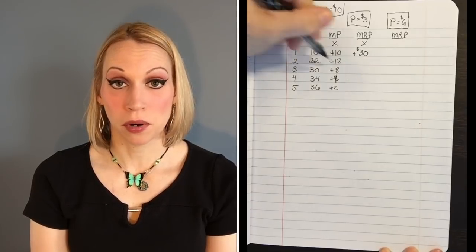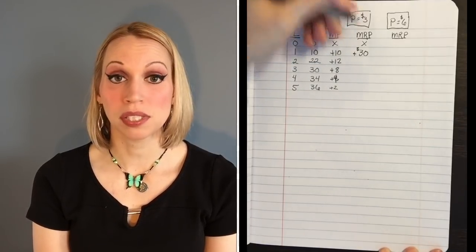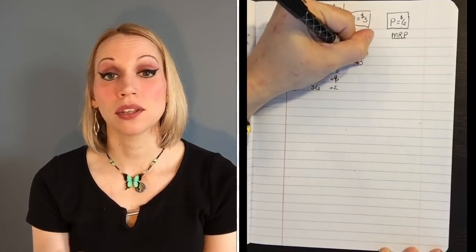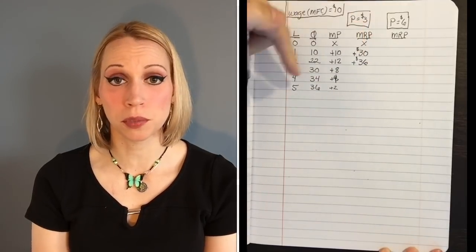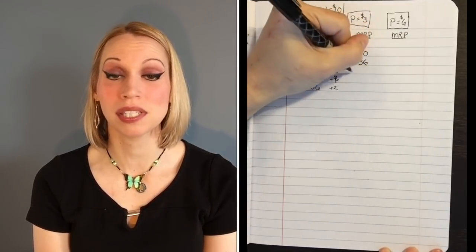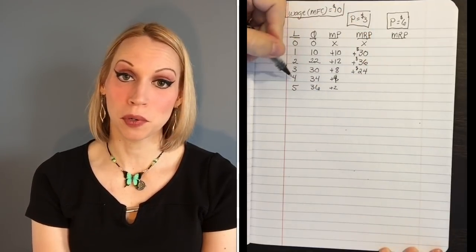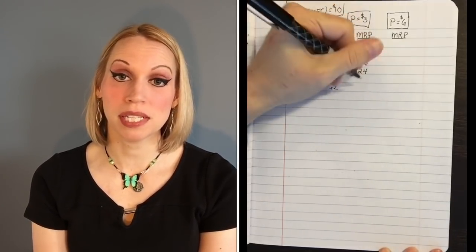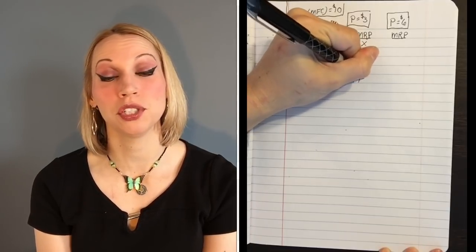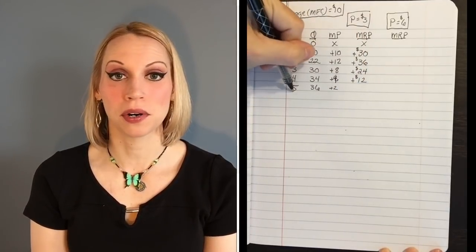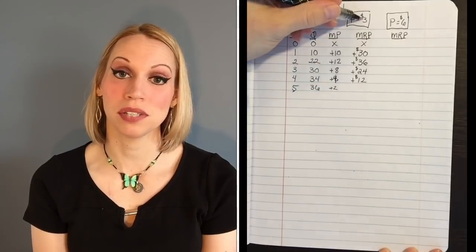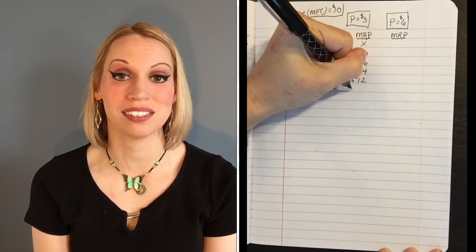When the second worker was making 12 bushels, they were bringing in an extra $36. The third worker, making 8 bushels, brought in an extra $24. The fourth worker made 4 bushels and so brought in an extra $12. And the fifth worker could only make 2 bushels, so they only brought in an extra $6.